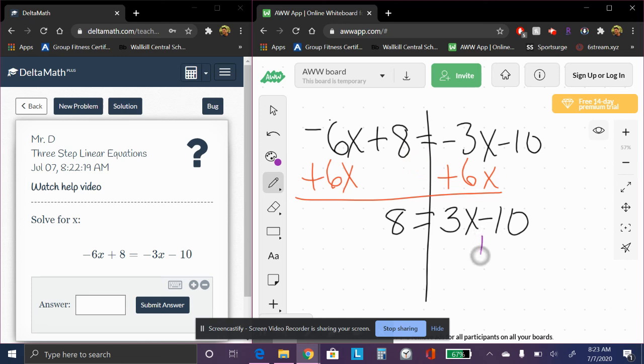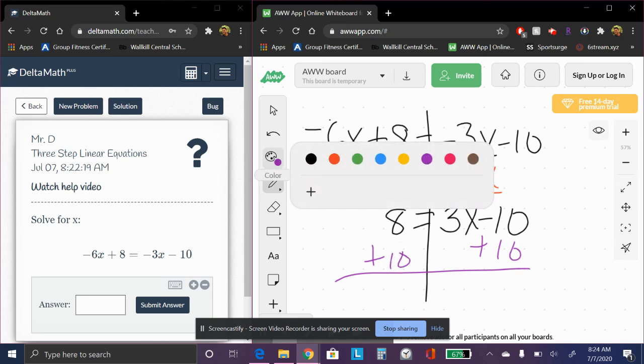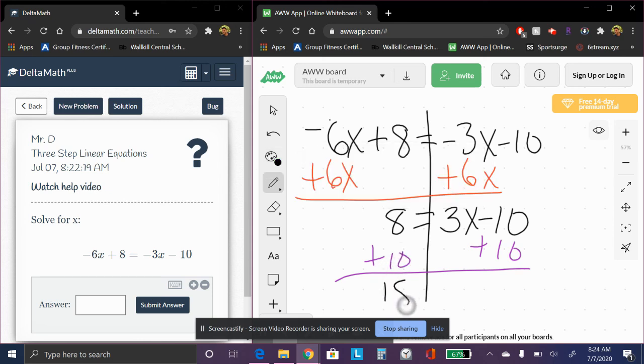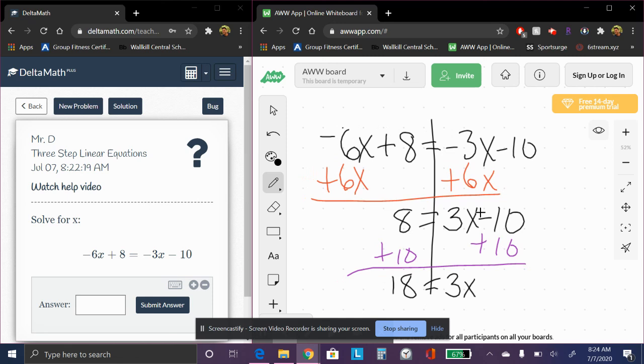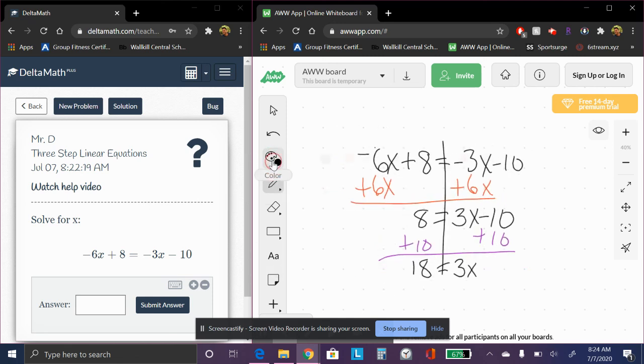Add 10 to both sides. So it becomes 18. Divide both sides by 3. And my answer is x is 6, positive 6.